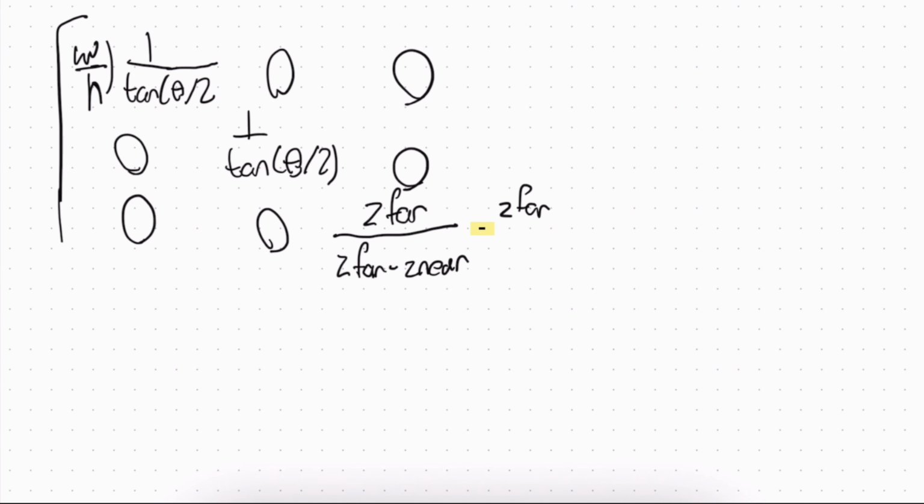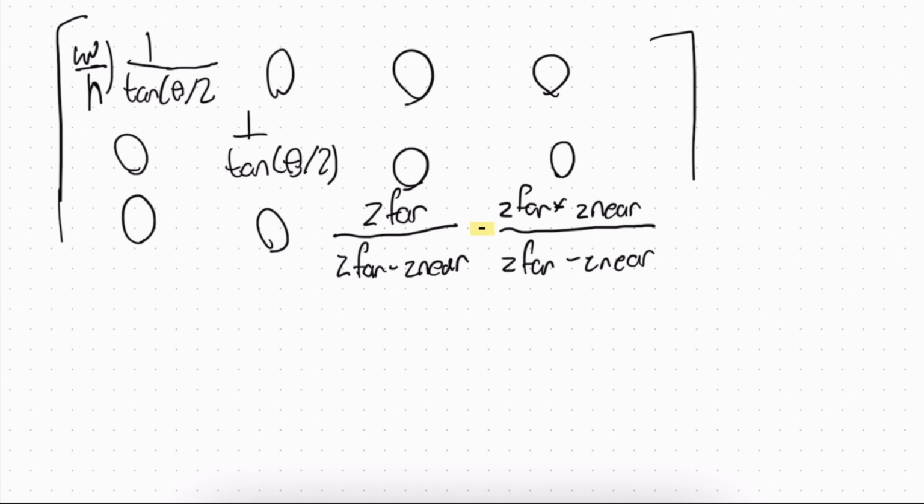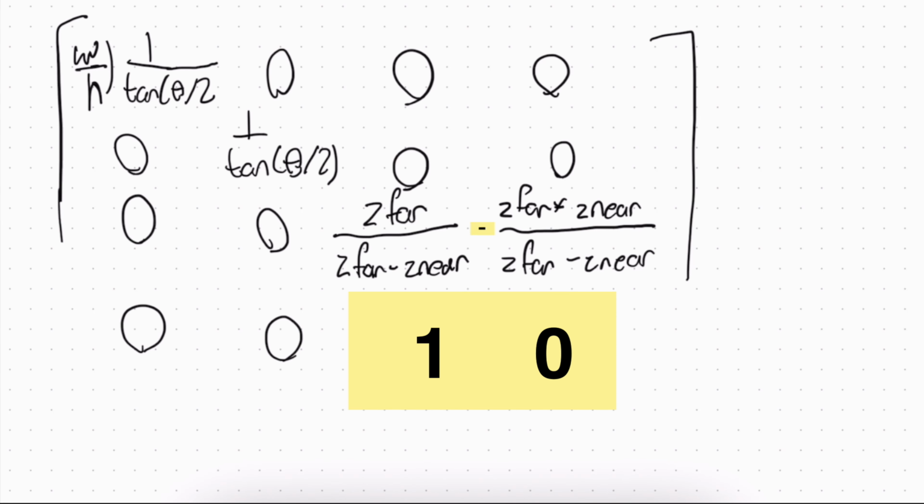We have to have our z far multiplied by our z near, and again do our division. We can just fill everything with zeros here. And then for the 4-dimensional part, it's pretty simple. All you do is make this 0, 0, 0, 1.